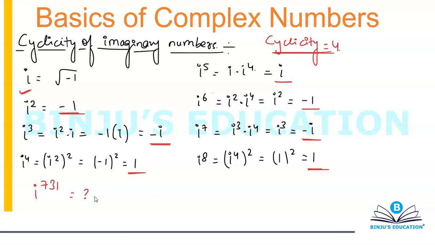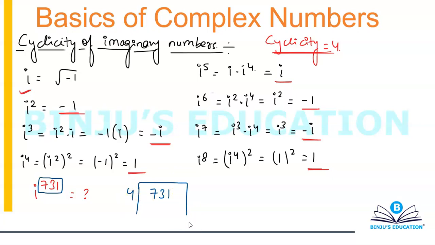And the only 4 options possible are iota, minus 1, minus iota, and 1. So you need to use that concept of cyclicity here. So what you will do is take this power, which is 731 in this case, and divide this by 4.